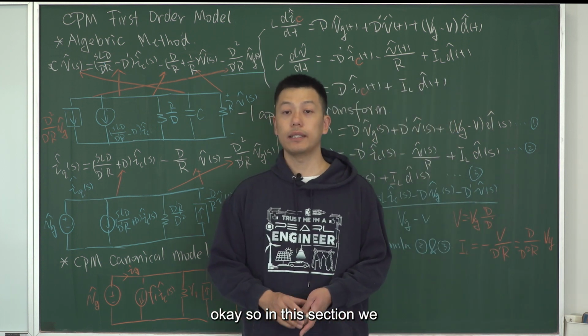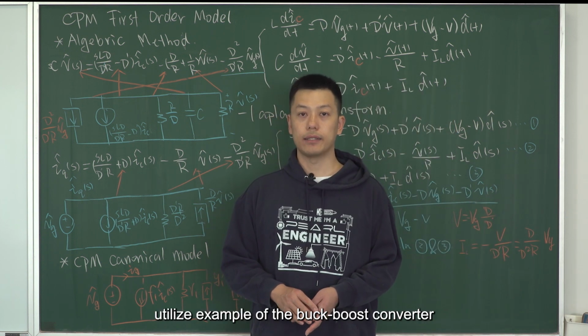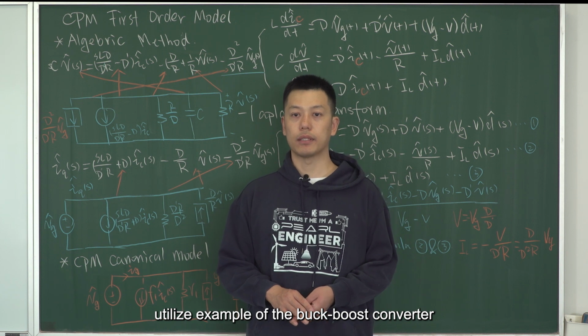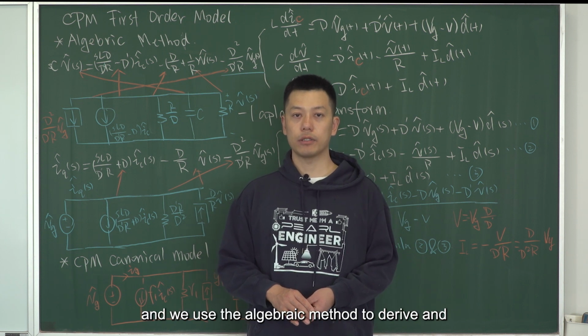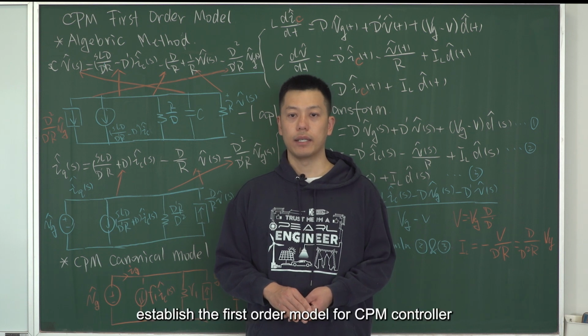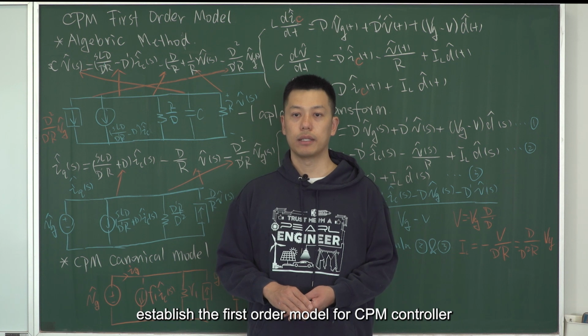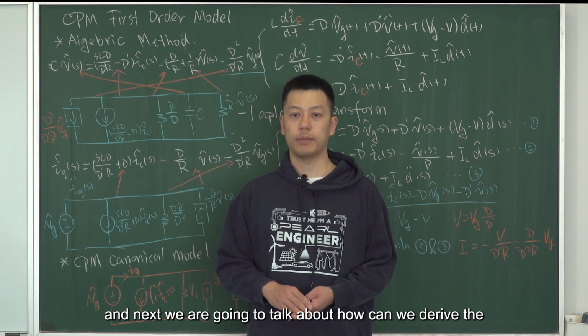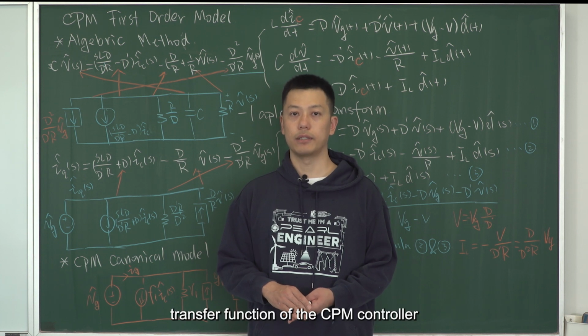Okay, so in this section, we utilized the example of the buck boost converter, and we used the algebraic method to derive and establish the first order model for the CPM controller. And next, we are going to talk about how we can derive the transfer function of the CPM controller.